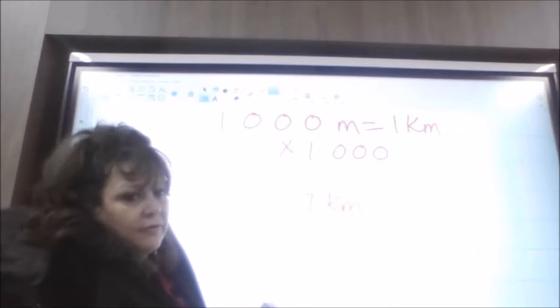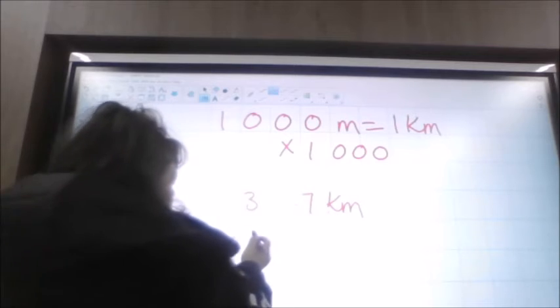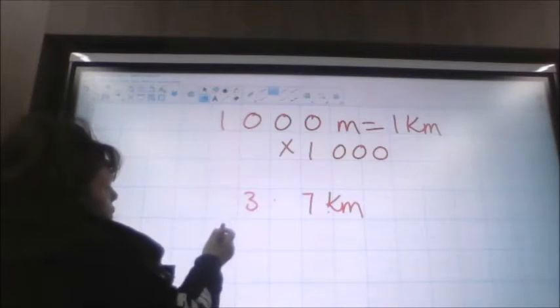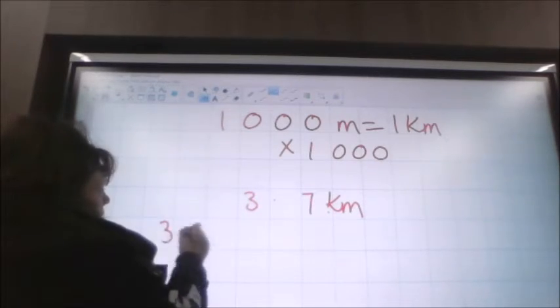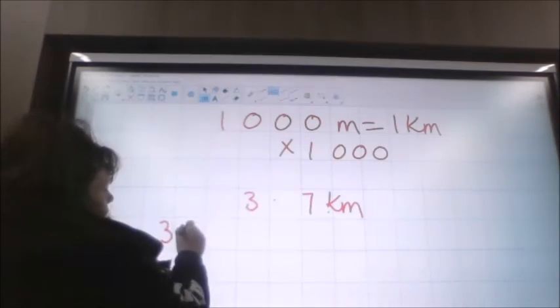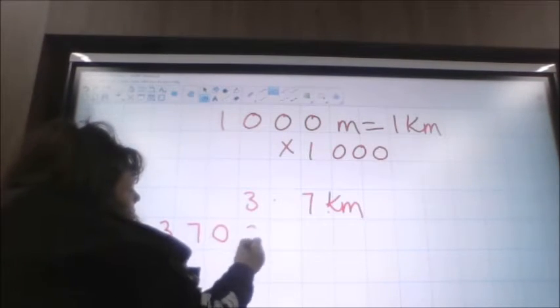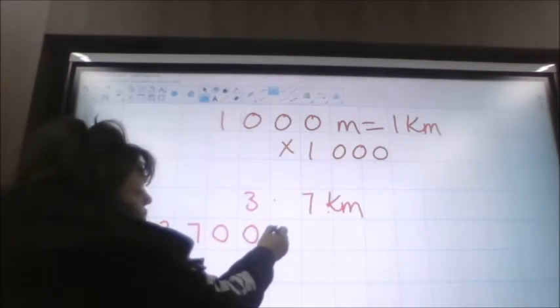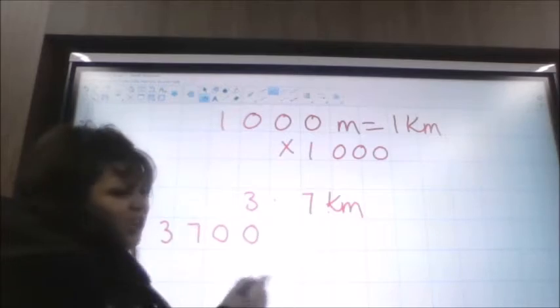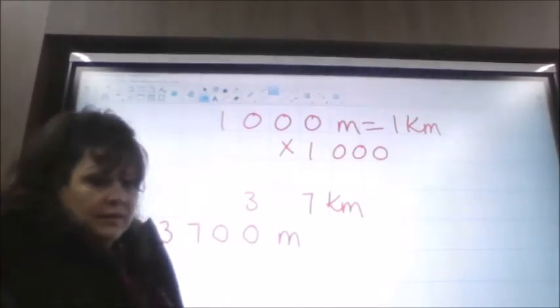So if I move my digits 3 places to the left, I'm going to go 1, 2, 3. I've got 3 there, there's my 7, it's going to go here. And then I'm going to put 2 zeros as placeholders, so that my decimal point would stay in the same place, which is there, and I don't need to put it in. All I need to put in here is now metres.